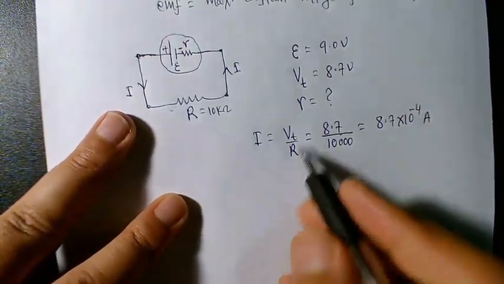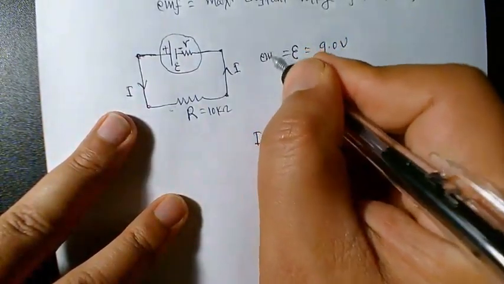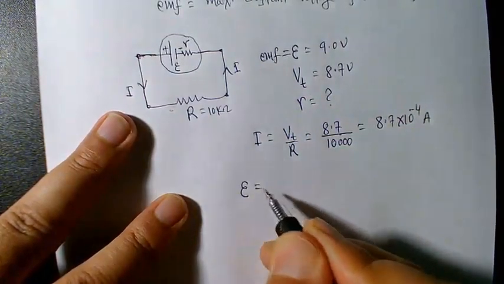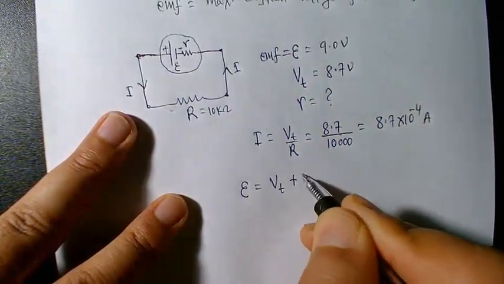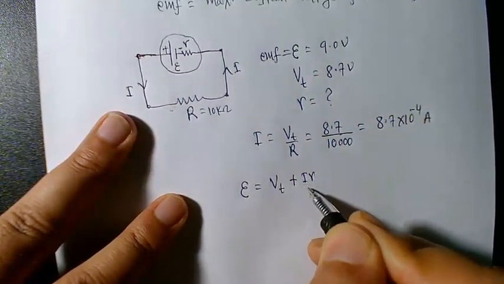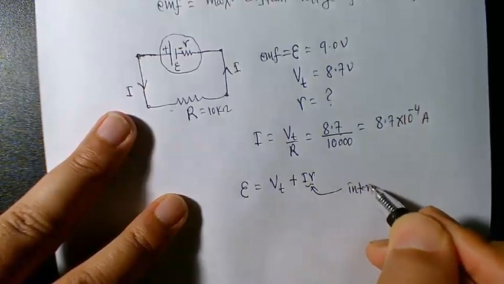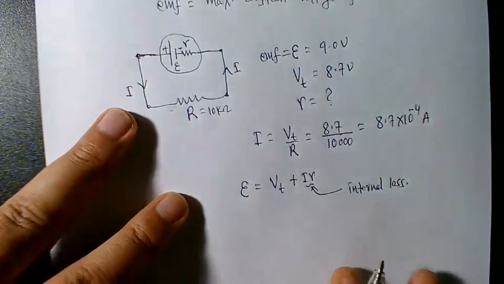And then, what's the relationship between the EMF, electromotive force of the battery, and the terminal voltage? Here's the relation. EMF of the battery is the terminal potential difference plus some internal loss, I times r. This I times small r is the internal loss. Some voltage will be lost internally.